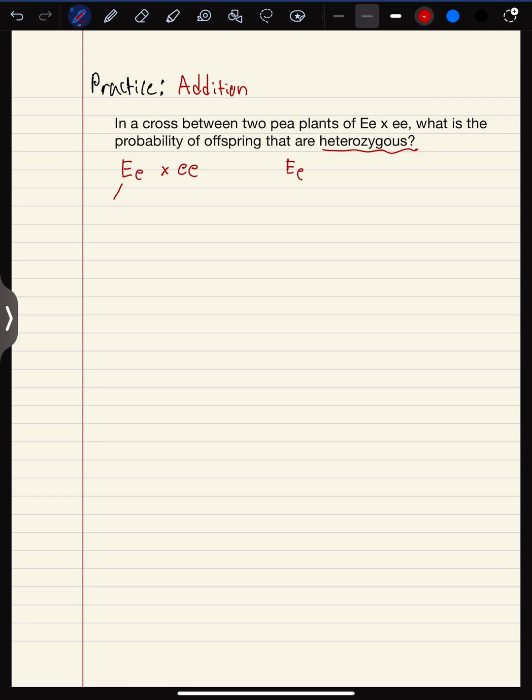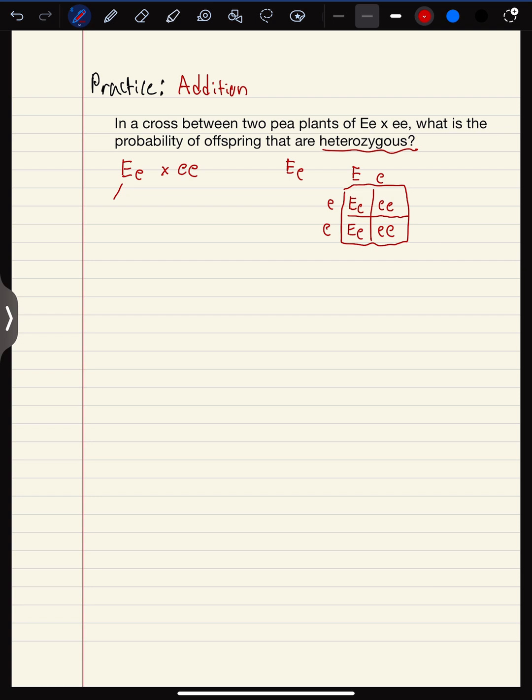So we could potentially have a Punnett square. Let's write our Punnett square out. So we have big E, little e, and little e, little e. So we have big E, little e, little e, big E, little e, little e, little e.